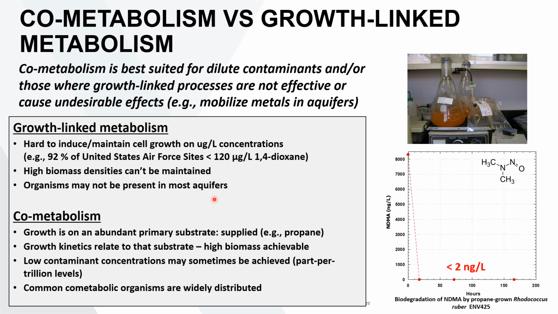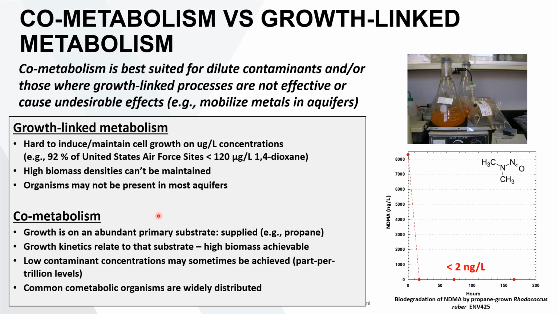As an example of this, in the United States, more than 90% of Air Force sites have less than 120 ppb of 1,4-dioxane. So even though there are organisms that can grow on 1,4-dioxane, it's very, very hard to grow them when concentrations are so low.